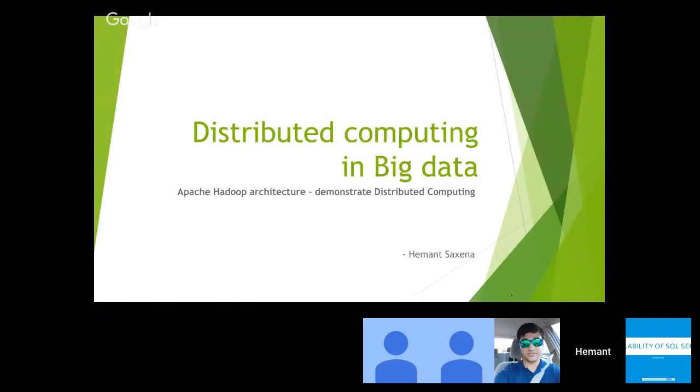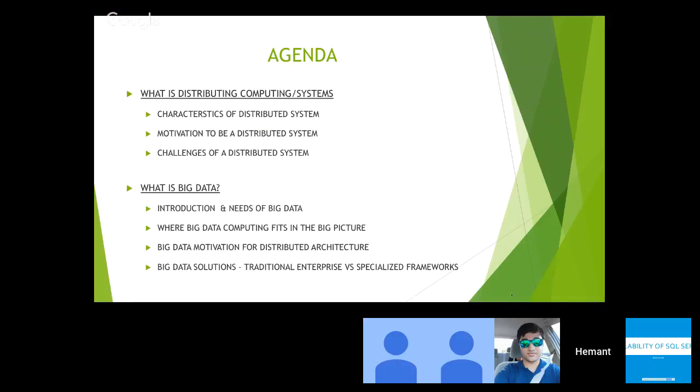So this is Hemant Saxena, folks, and I did my research around distributed computing in big data, and tried to see how it gets applied, and what the need is in big data. And then I went specifically to see one of its specialized framework implementations in big data, and how it satisfies that need.